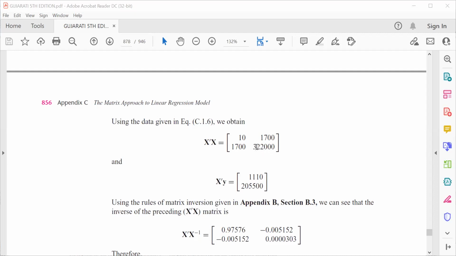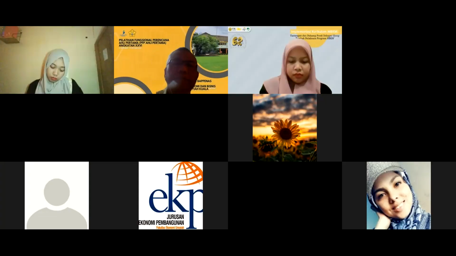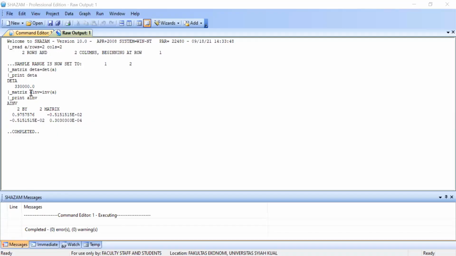This means 322,000 becomes element A11, and 10 becomes element A22. The off-diagonal elements change sign: from positive they become negative, and from negative they become positive. So here we get the determinant and the inverse.